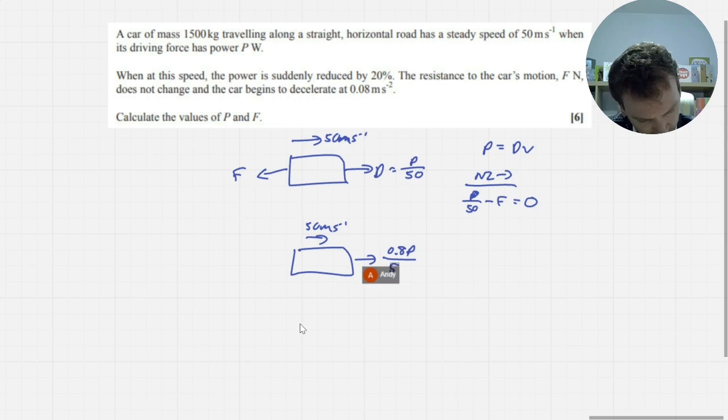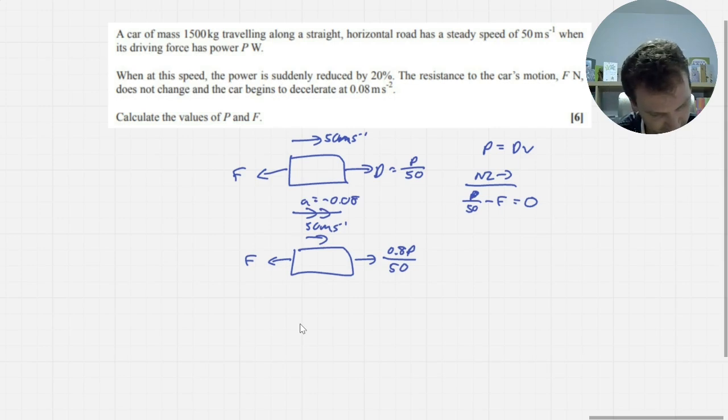So we're still doing power over velocity, and we're still using that velocity as 50. And we're told the F is unchanged. But what we know now is the acceleration to the right is going to be negative 0.08. So using Newton's second law now, we're going to get 0.8P over 50 subtract F is equal to negative 0.08 times our mass of 1500.